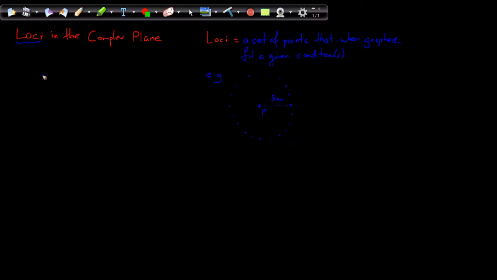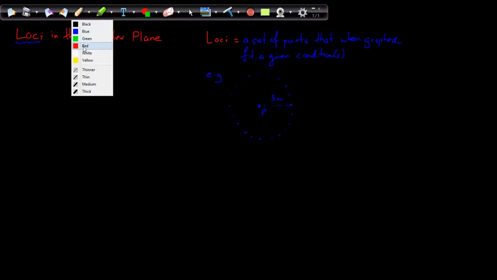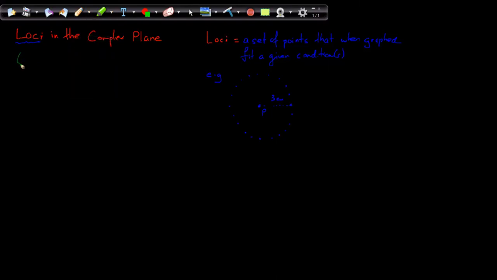Okay, so what does it mean by loci in the complex plane then? Well, we'll discuss that further in class, but what we're going to see is that quite often you end up with these kind of geometric shapes. For a start, it could be a straight line, could be a circle.